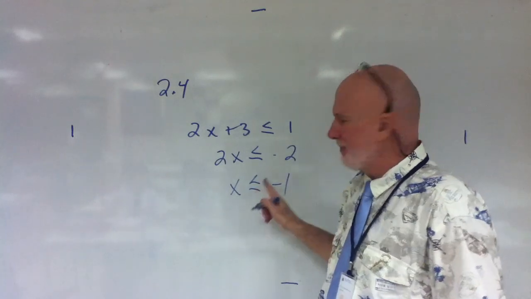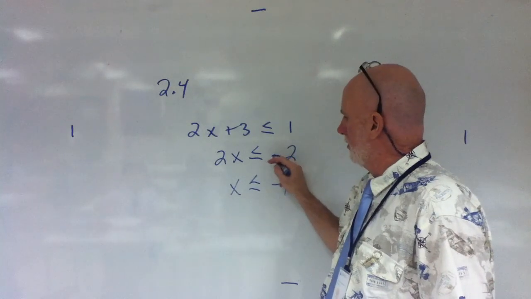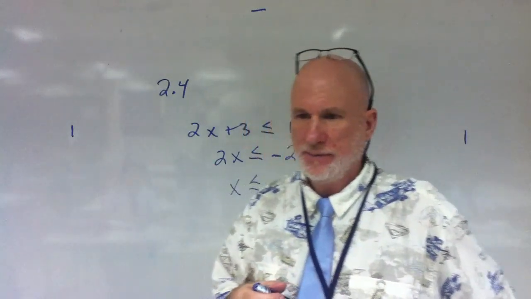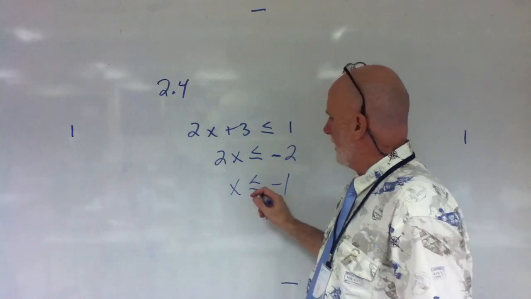Do I have to change that because I have a negative 2 over here? No, it's only when you divide through by a negative. Correct? And then you graph that.